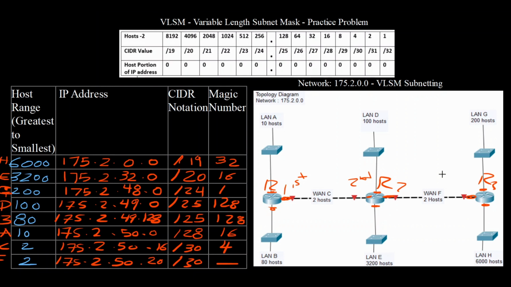These are the interfaces. Once everything is configured, if you have a couple of devices like a PC or laptop here, these are going to use the network for D, which is 175.2.49.0, and you're going to know each IP and which local area network it belongs to.